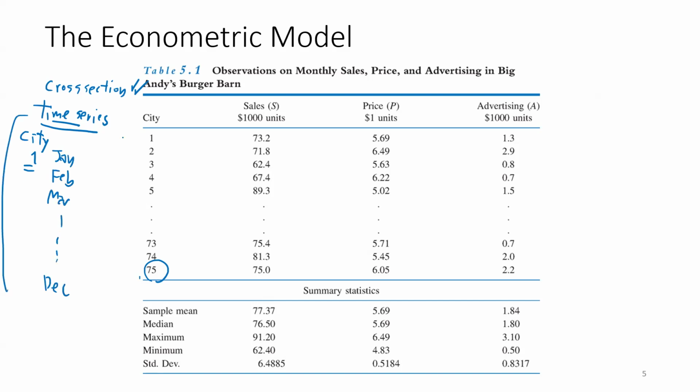This one we will call time series. Okay. So you have to distinguish between cross section data and time series data because you face different types of data and you have to deal with them differently. So this one is called cross section.